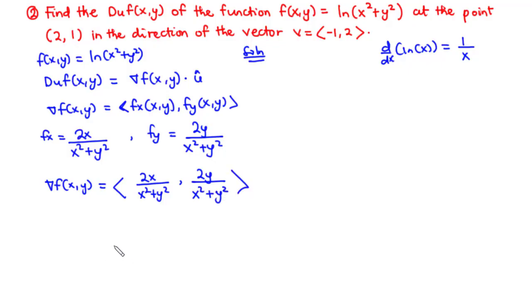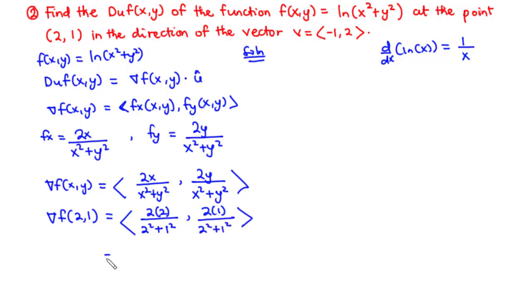Now the next thing we are going to do is to find the gradient of the function at the given point, that is (2, 1). So here we have x equals 2, y equals 1. So we are going to have 2 times 2 divided by 2 squared plus 1 squared, comma, here we have 2 times 1 divided by 2 squared plus 1 squared.